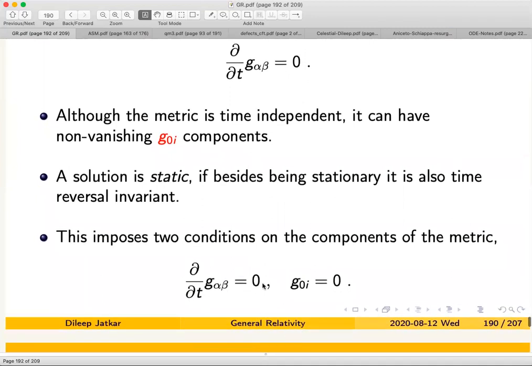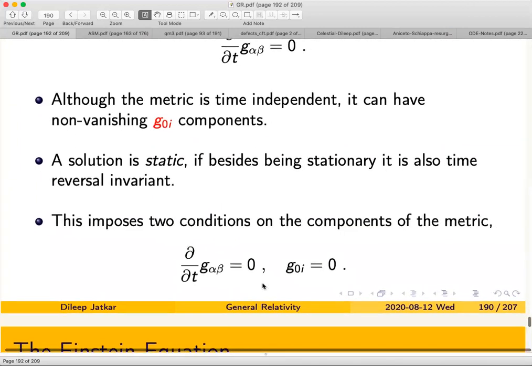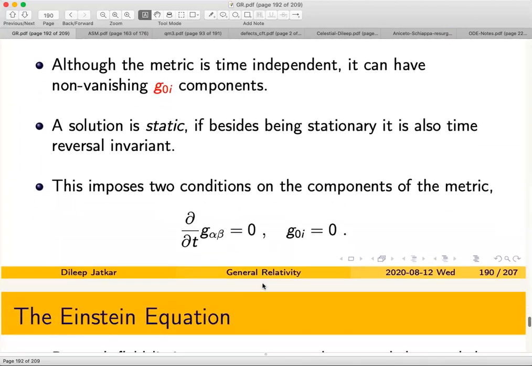In fact, the stationary condition also is not valid, simply because if the object is moving, in that moving object's frame, what I call a stationary metric is not a stationary metric. It is just a coordinate transformation which is time dependent.